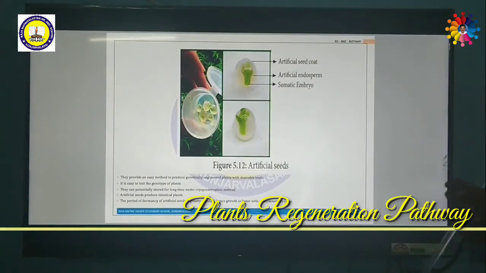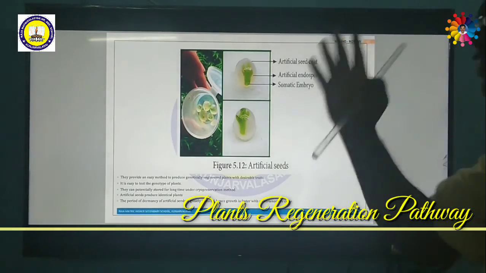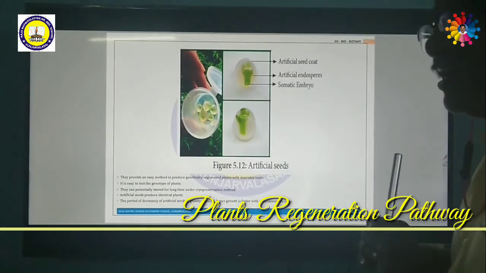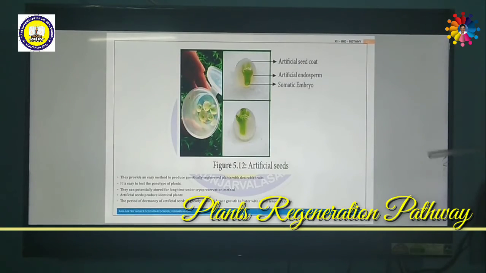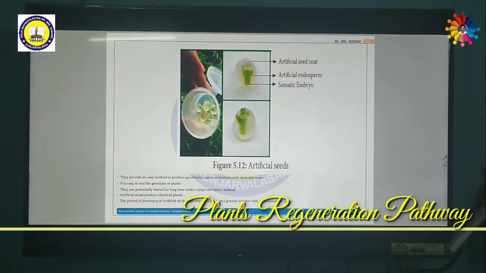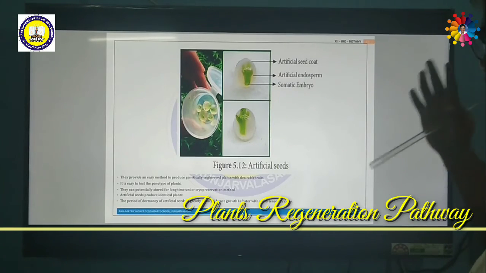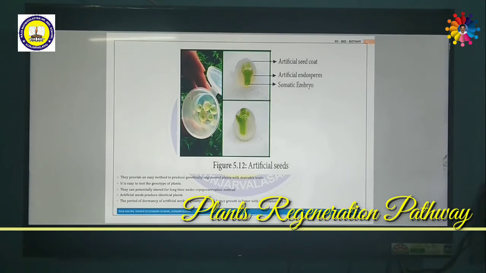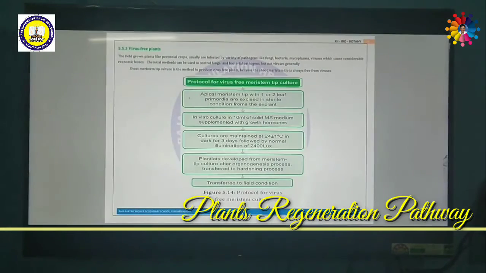This is called dormancy. This dormancy is very common in common seed, but in artificial seed, dormancy is absent or greatly reduced. Hence, growth is faster with a shorter life cycle. So this is a great advantage of artificial seed.